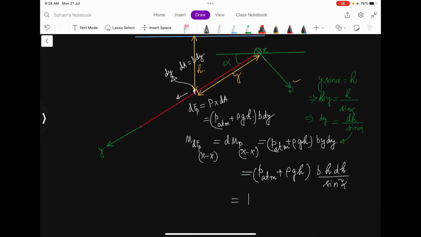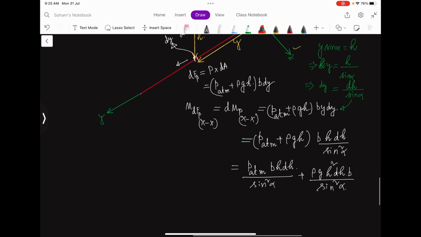So now this becomes PATM into b h dh by sine square alpha plus rho g, there will be an h square dh, and there will be a b and by sine square alpha. Okay, fine.